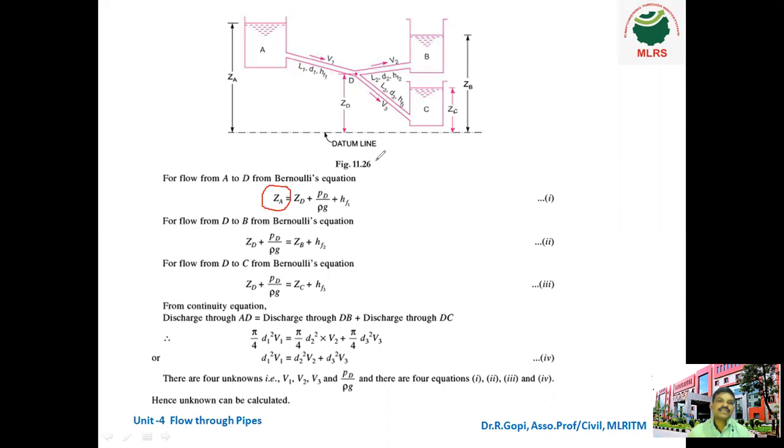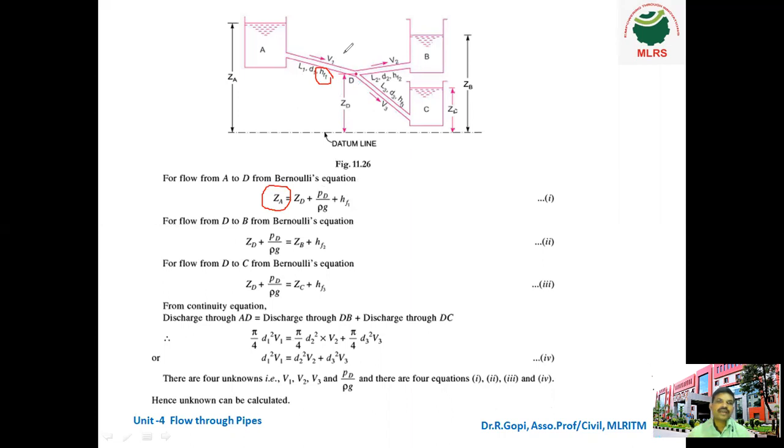Now come to the right hand side. Since it is a pipe, and flow takes place from A to D, it is ZD, that means datum head, plus pressure head. What is pressure head? PD by rho g. PD by rho g plus HF1, the loss of head due to friction. Here velocity will not come because velocity is constant.